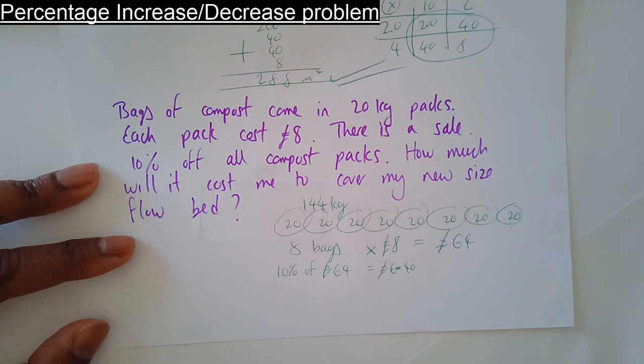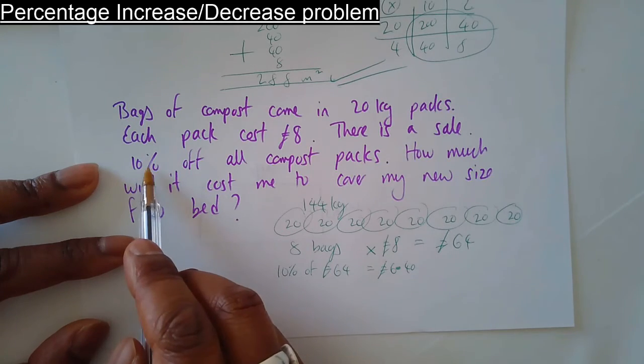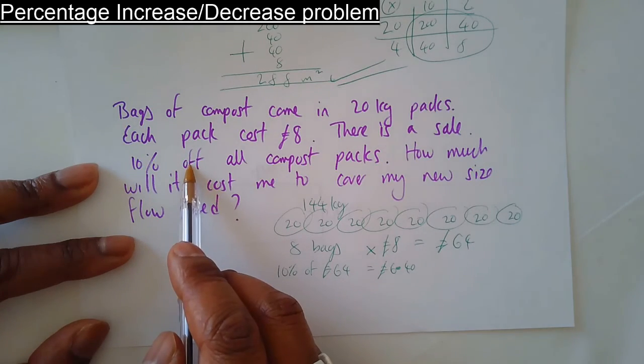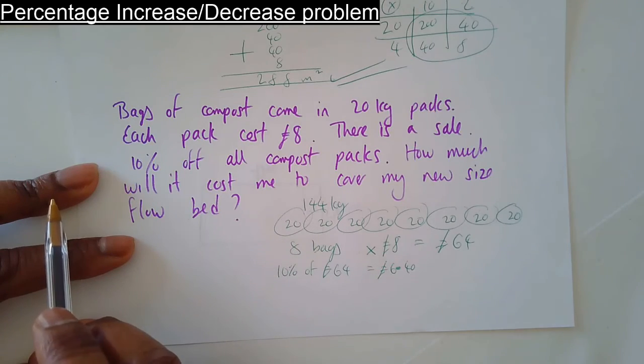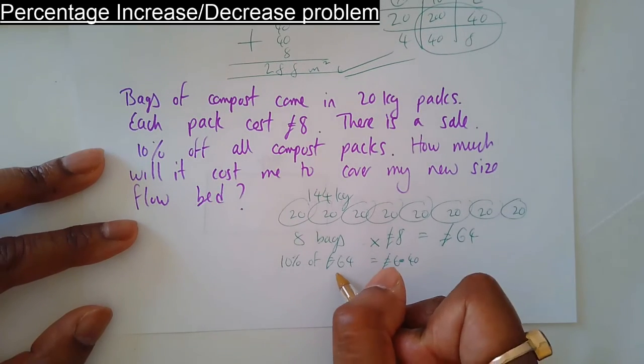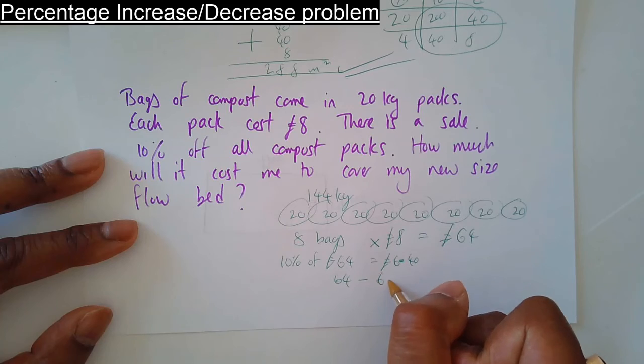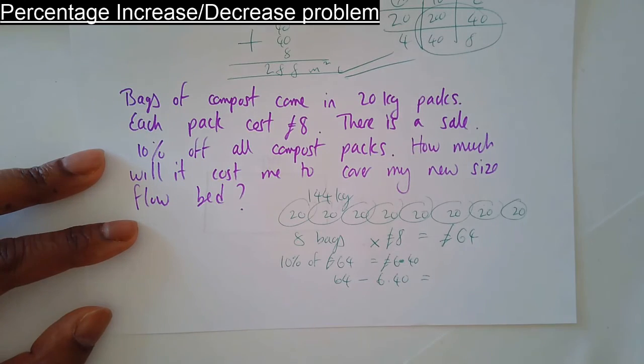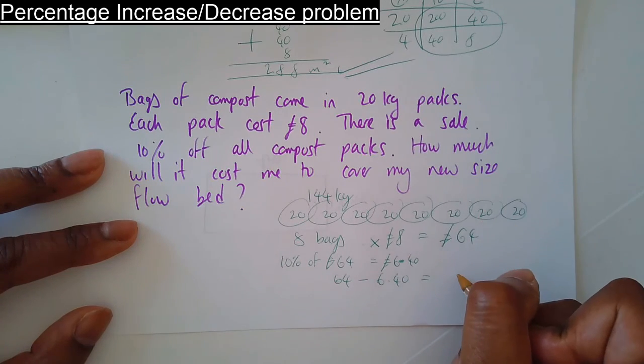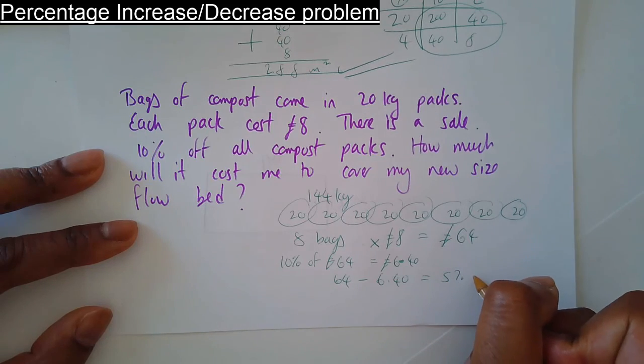So all I've got to do now is, because it's 10% off, that's a decrease question. So I'm going to do now 64 take away £6.40, which is £57.60.